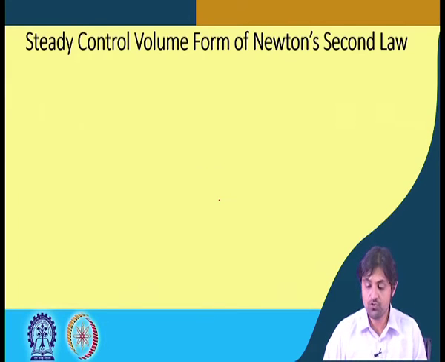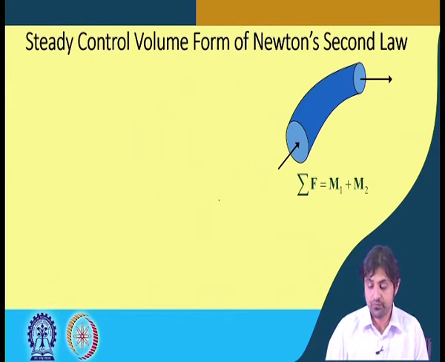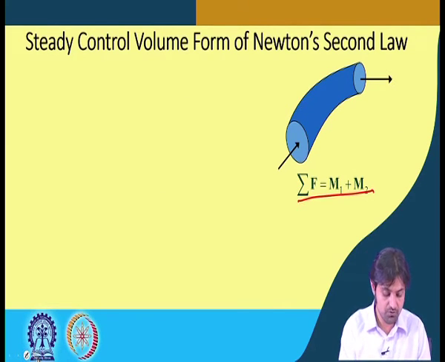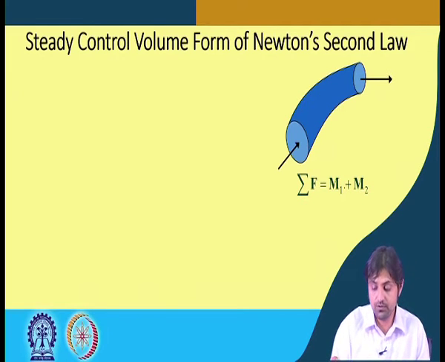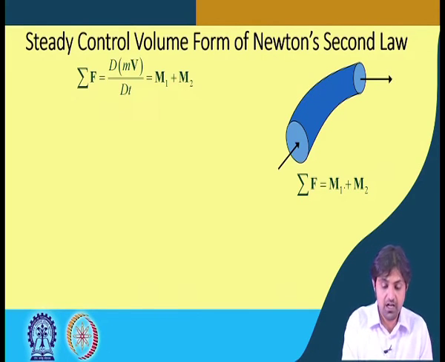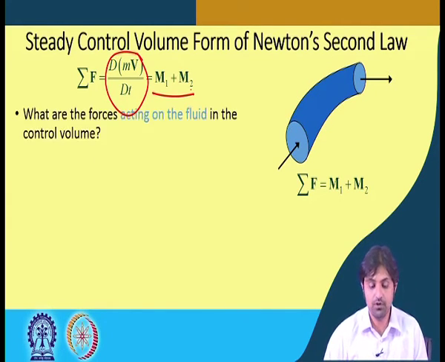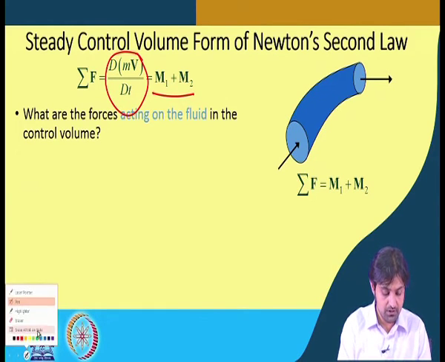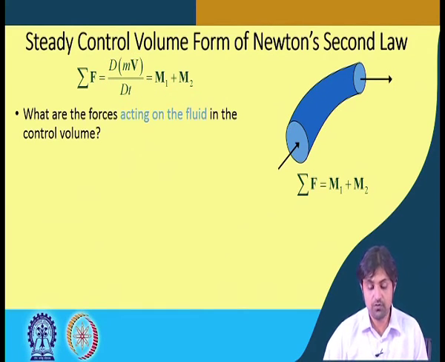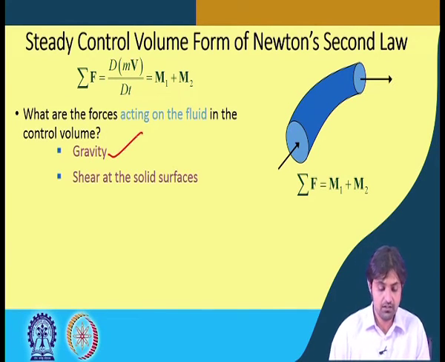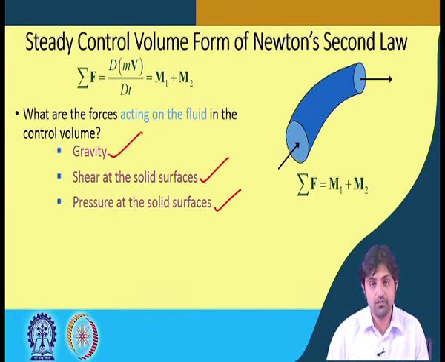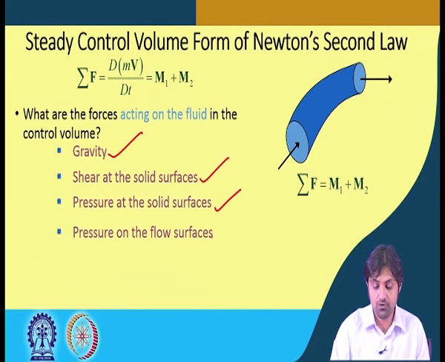Now the steady control volume form of Newton's second law. The net force F is the sum of M1 and M2, as we told you on the last slide: sigma F equals d(mV)/dt, which is M1 plus M2. Now the question is, what are the forces acting on the fluid in the control volume? One is gravity, another is shear at the solid surface, or pressure at the solid surface, and pressure on the flow surfaces.